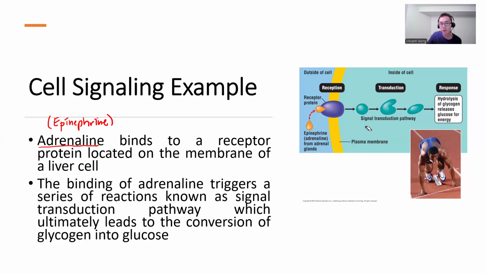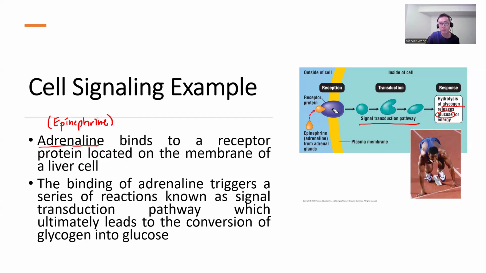And the receptor will cause a bunch of reactions to happen, which ultimately, in this particular case, lead to the hydrolysis of glycogen. You might remember glycogen is the storage form of energy in animals. We store it in muscle and liver. And when you do hydrolysis of glycogen, you release glucose. So in this case, the adrenaline causes the release of glucose.